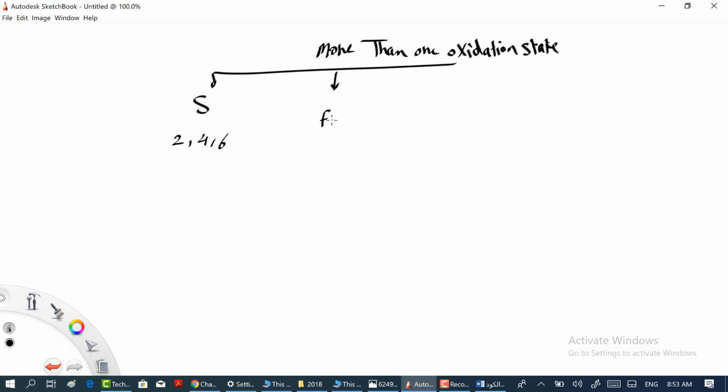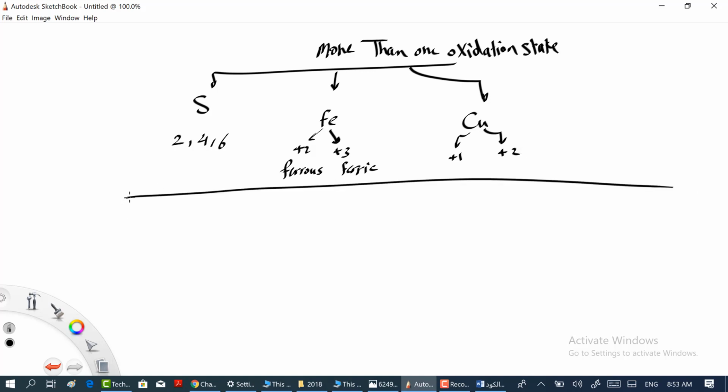We find iron, positive 2 and iron, positive 3, ferrous and ferric. Sometimes we find copper, positive 1, and copper, positive 2.